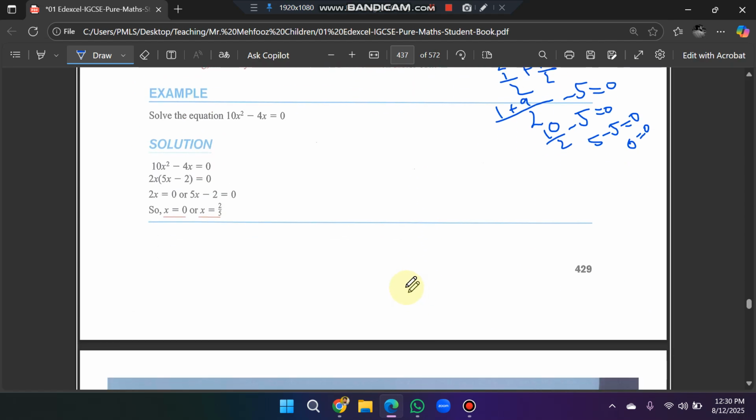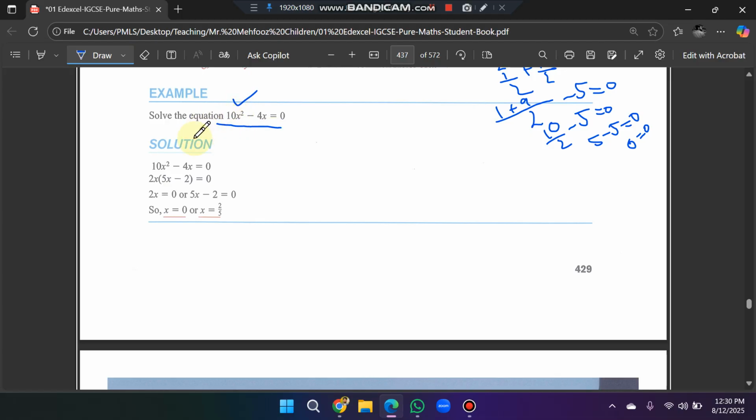If we don't have any constant term, we just take the common as x. For example, this is your equation, 10x square minus 4x is equals to 0. First of all, you check that what can be taken as common from these two terms.